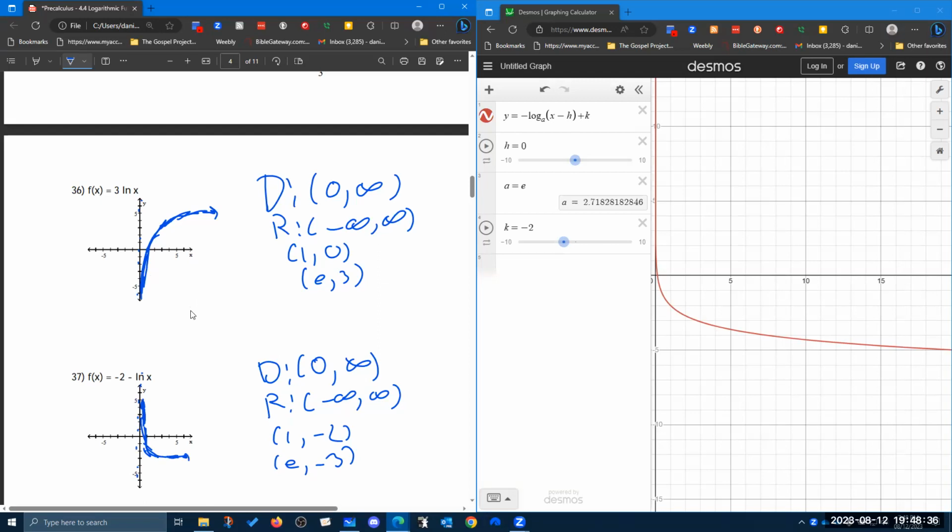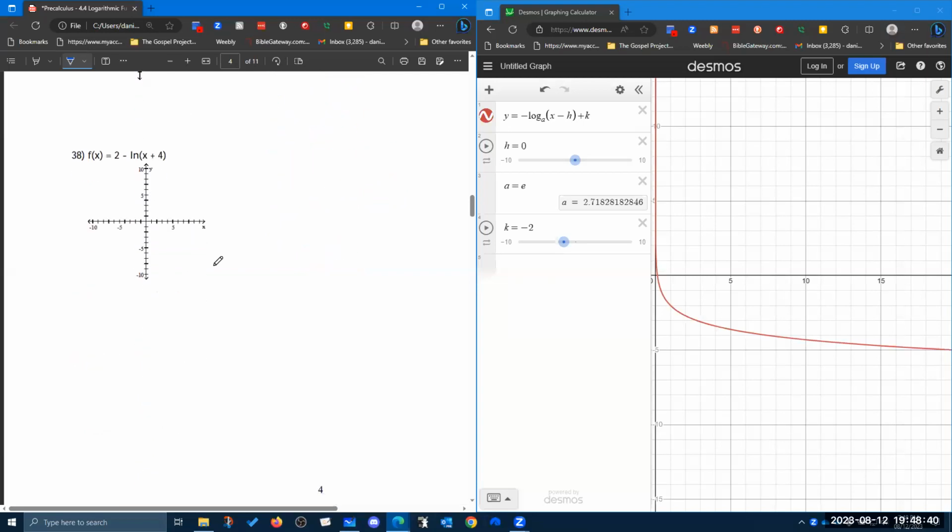It doesn't go quite to level, but it's going to just decrease very slowly, right? Domain here, it's going to be -4 to infinity. I got that -4 by setting this x plus 4 that's inside the log to 0 and solving.